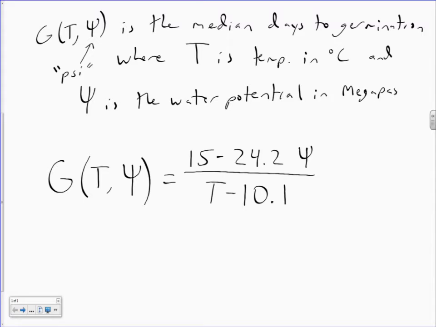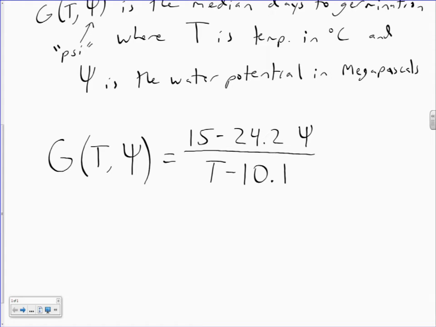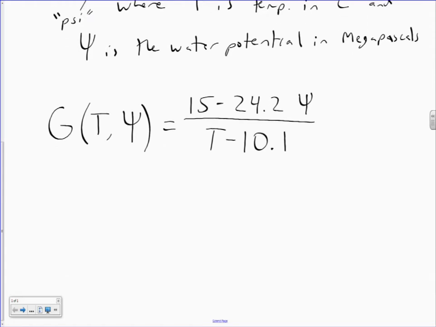And it's measured in something called megapascals. So the water potential is sort of a measure of how much water, how much moisture is available for the seeds in the soil. So this is the equation that they came up with, and it's an equation of these two variables, t and psi. So we're going to do one example of it and then talk a little bit more about how this function works in a minute.